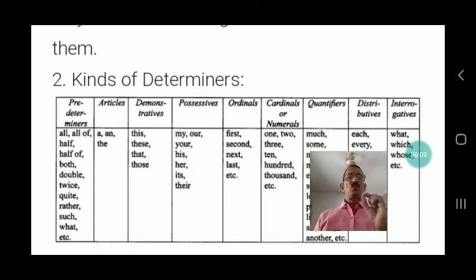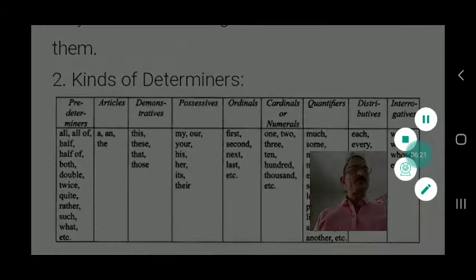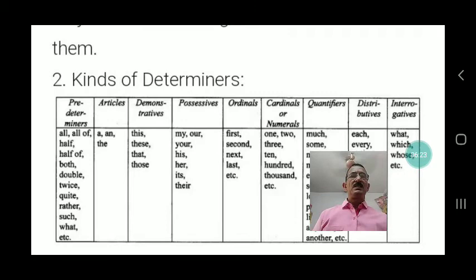Articles: a and an are indefinite articles, and the is the definite article. Demonstratives: this, that, these, those.